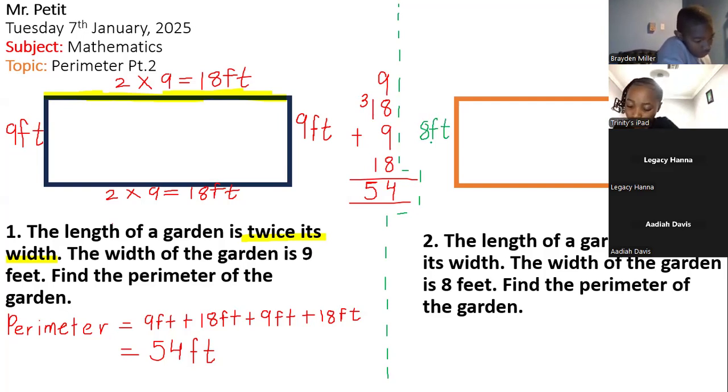All right, so this is going to be 8 feet. So it says that the length of the garden is twice its width. Find the perimeter of the garden. You all should be able to do number 2 on your own, right? So do that for me.